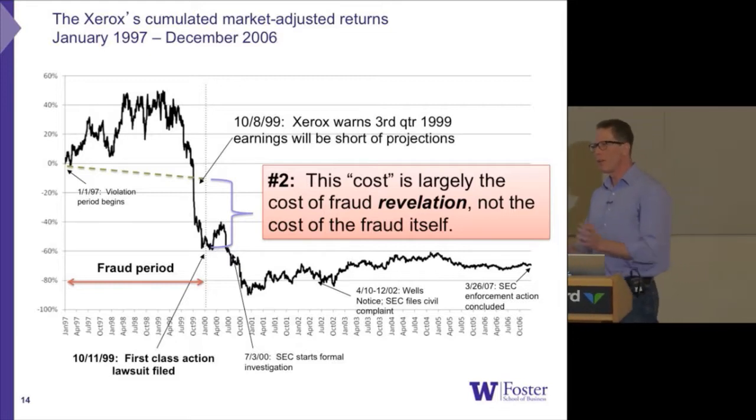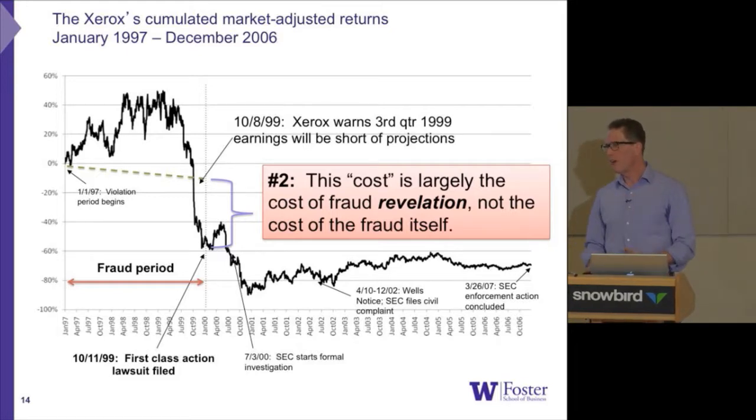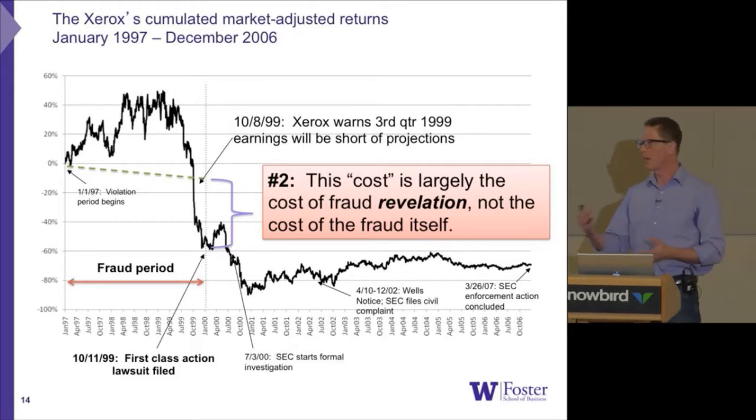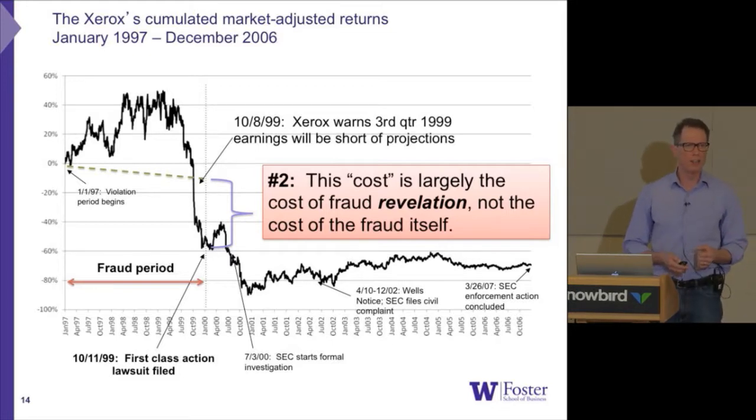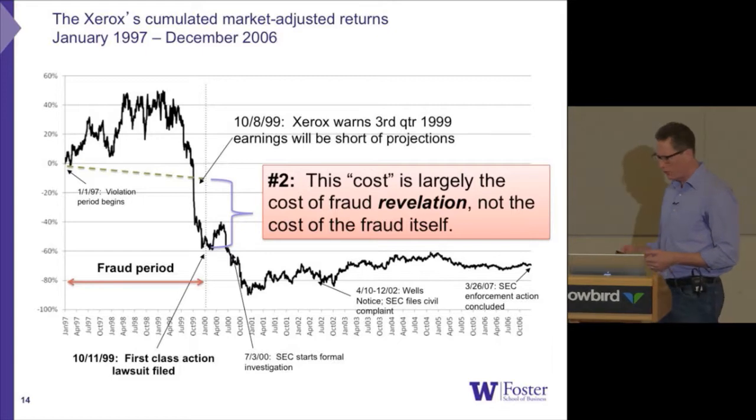If that fraud subsequently is revealed, as this paper and other papers have shown, then you do see large value declines, and the large value declines have to do with various things such as the penalties that these firms face and the reputational consequences as their counterparties change the terms with which they do business with these fraud firms.